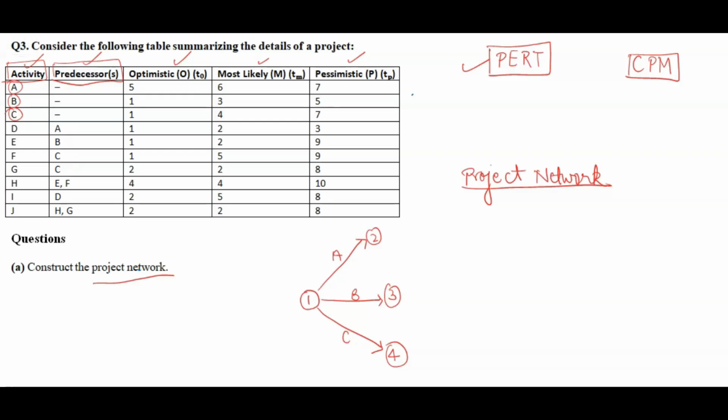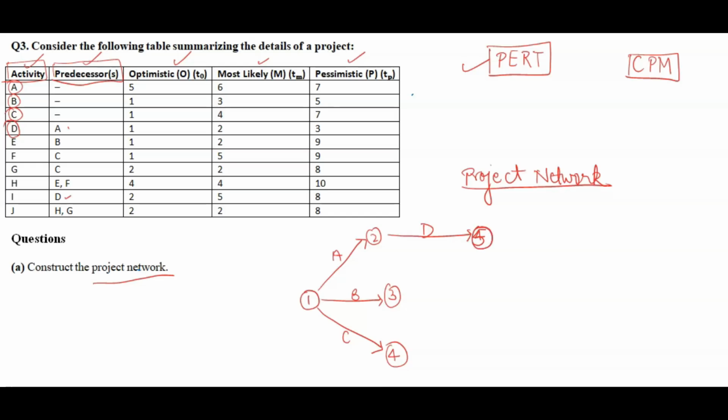Now, D activity, ABC is done. For D activity, the immediate predecessor is A. And we have to check whether D is coming anywhere. D is coming here as a predecessor, independent. Fine. So D we have to start with A. Here I am starting D activity with A, and this will become the fifth node.